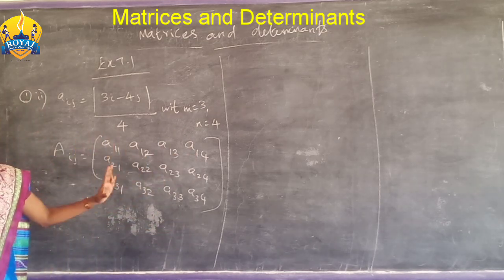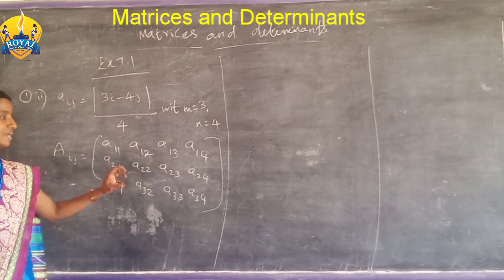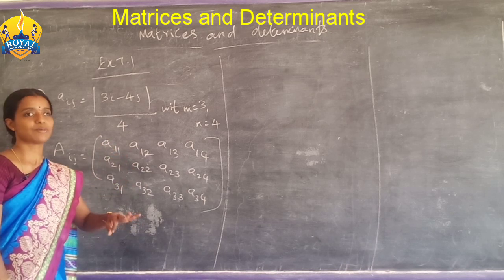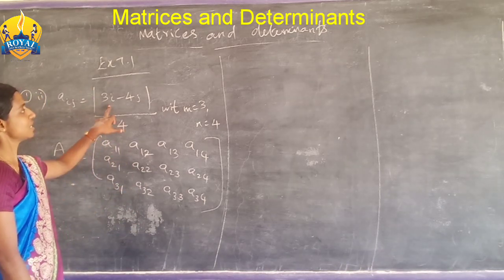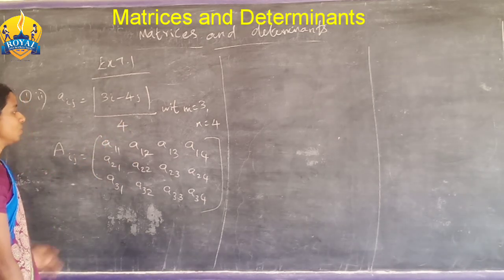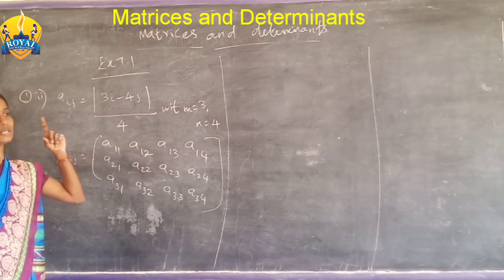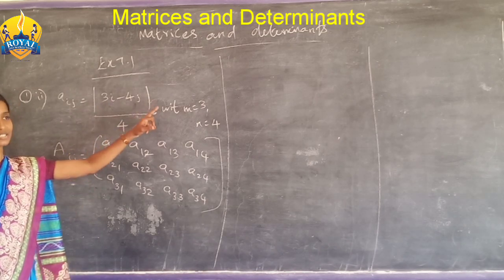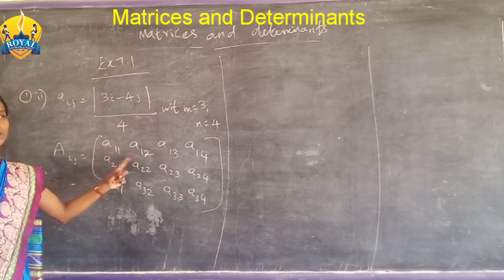So I am going to construct a matrix where my elements are given by modulus of 3i minus 4j by 4. I need to take A11. In place of i and j, I will substitute 1, 1.